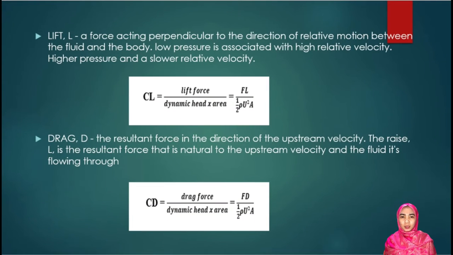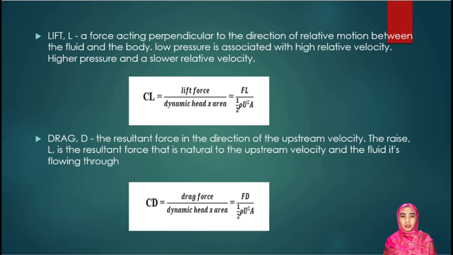Next, lift. Lift is a force acting perpendicular to the direction of relative motion between the fluid and the body. Low pressure is associated with high relative velocity, and higher pressure with a slower relative velocity.